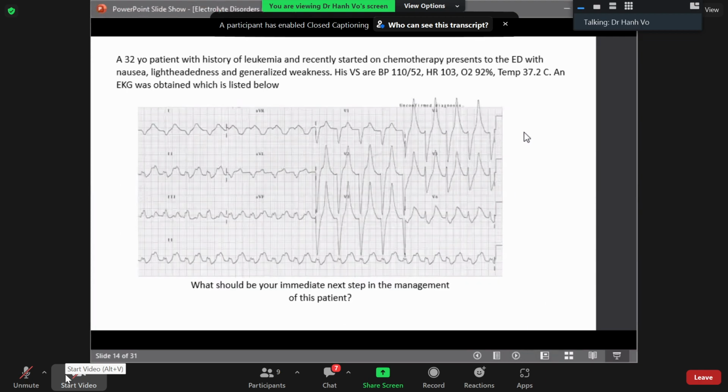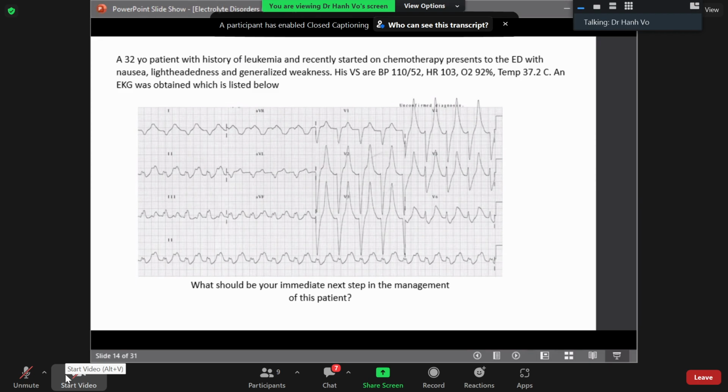So let's go to another case. A 32-year-old patient with a history of leukemia, recently started on chemotherapy, presents with nausea, lightheadedness, and weakness, and his vital signs are almost normal except for tachycardia, and we do an EKG shown below.